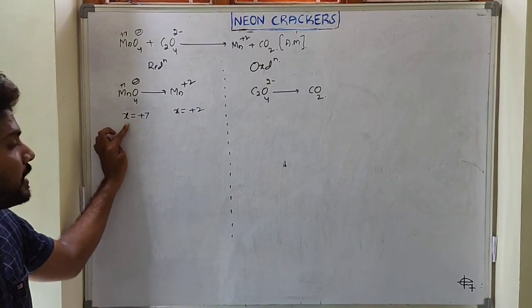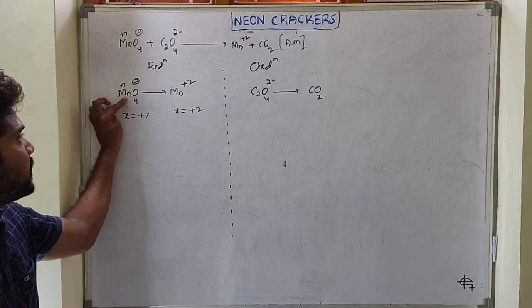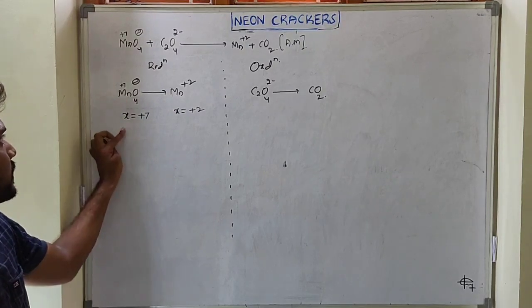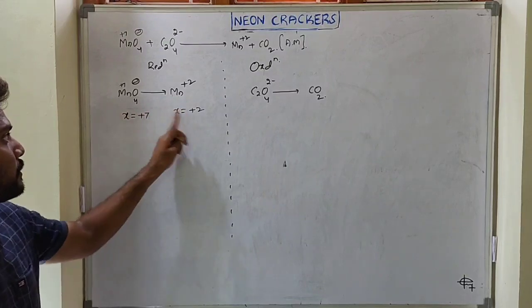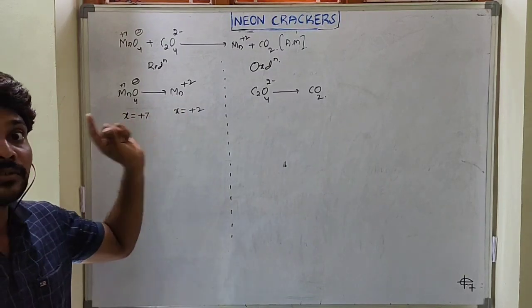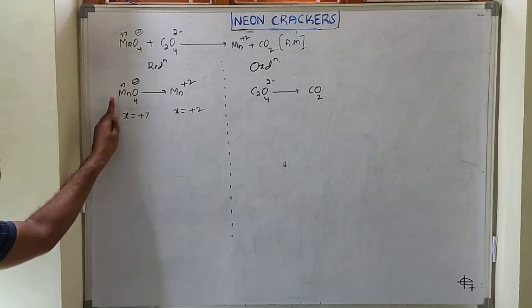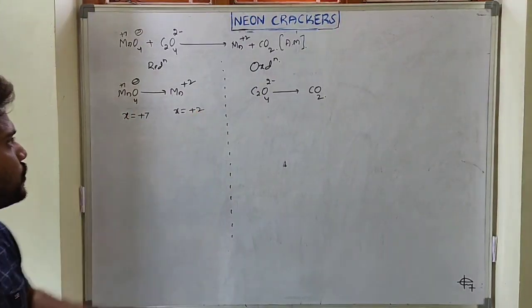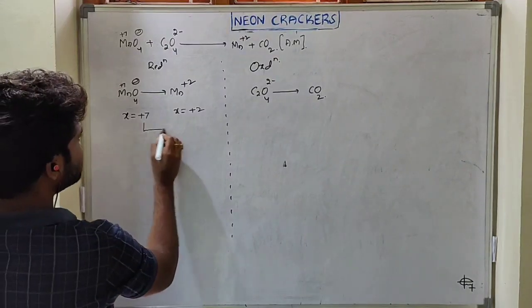If 3 atoms are there, we should maintain 3X, 4 atoms 4X, 5 atoms 5X. On both sides we should maintain the same number of atoms. We should not change that. That is very, very important. Here only one atom is there, that's why I am writing directly X equals to +7 to X equals to +2.